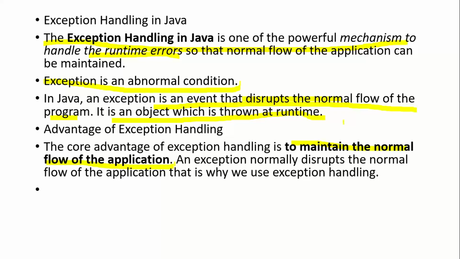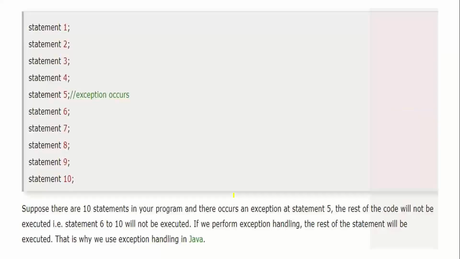It should be handled such that you can continue with the rest of the program in a normal manner. The place where you find the problem should show you the error, that this is the place where you have the exception, and execute the other statements of the program as they are. It should not result in the abrupt ending of the program. An exception normally disrupts the normal flow of the application. That is why we use exception handling.